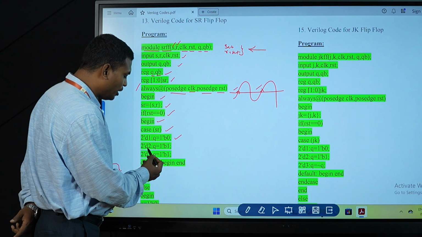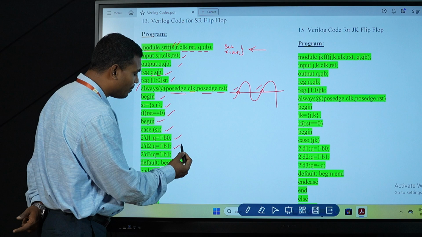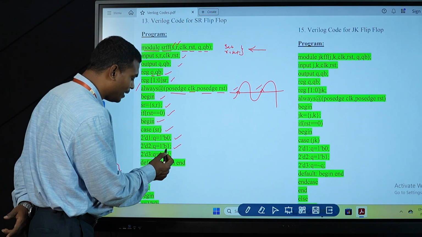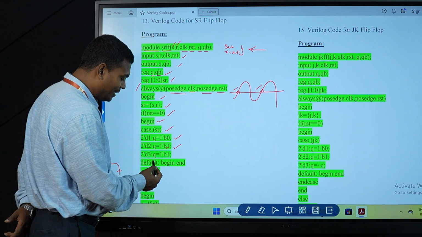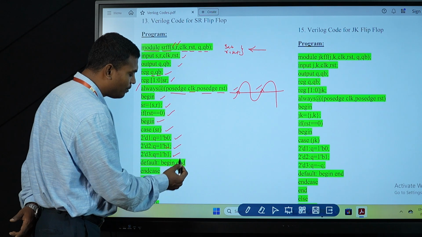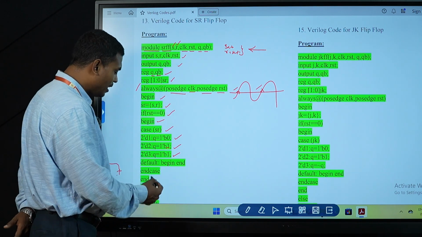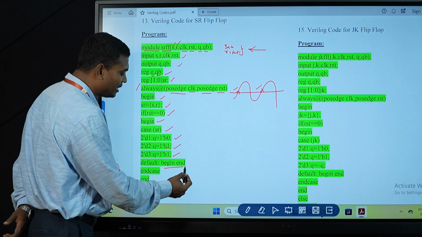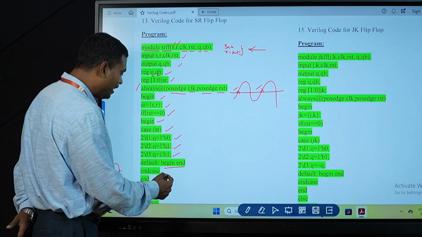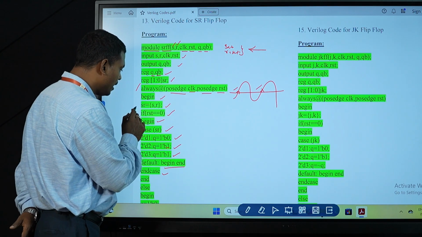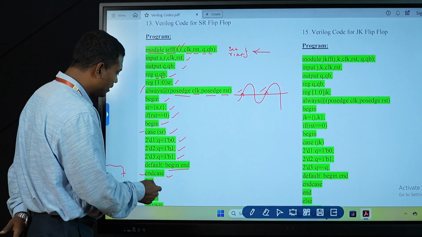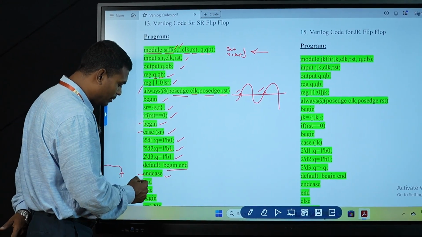Next 2'd2 gives 1'b1, meaning a 1-bit value of 1. Next 2'd3 is going to give 1'b1, meaning a 1-bit value of 1. Next default begin end, meaning I am ending the default. I am ending the case which I started here, and next I need to end this begin also, so I am ending that one.